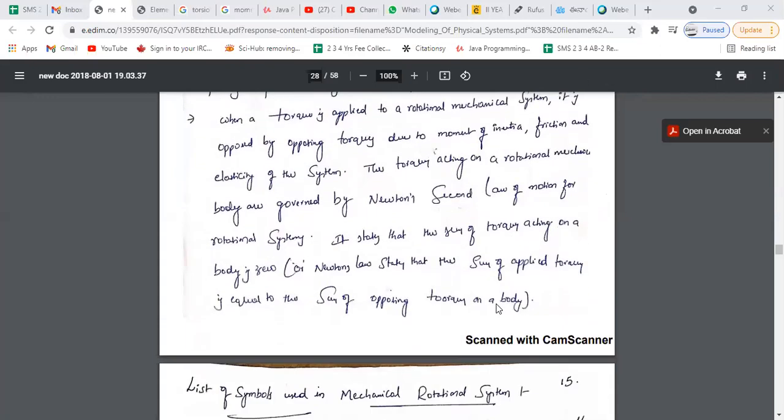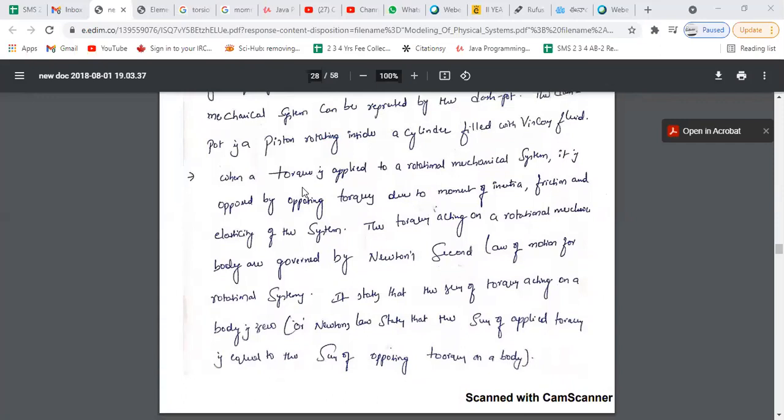Right. Third point, similar to the translational system. When a torque is applied to the rotational system, it is opposed by the opposing torques due to the moment of inertia of the mass, the friction in the dashpot, and the elasticity of the system.